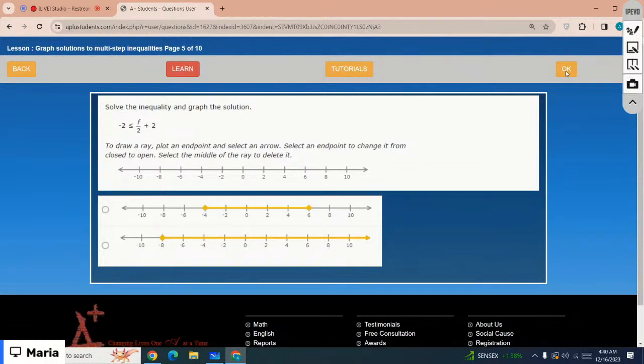Okay, next, solve the inequality and graph the solution. So which is the correct option? Option 1 or option 2?